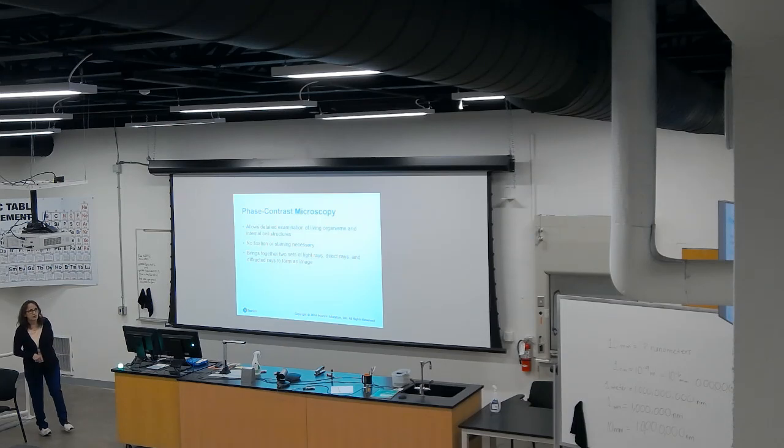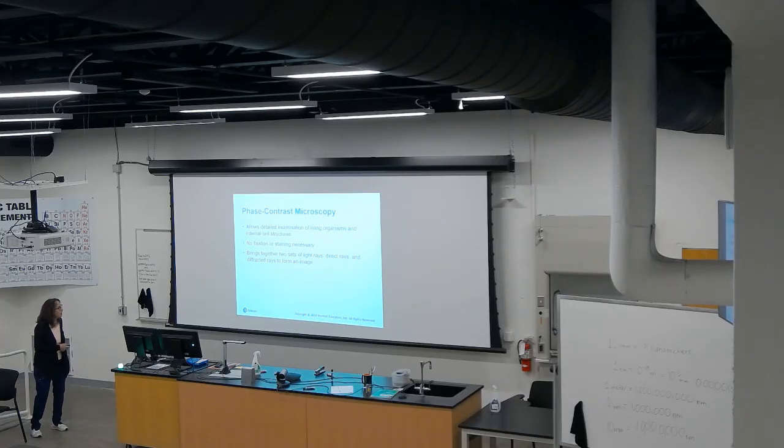Phase contrast. This one is used to see live specimens and their internal structures. It is a nice microscope because it can be used to study, for instance, the transit of nutrients or wastes within protozoans.